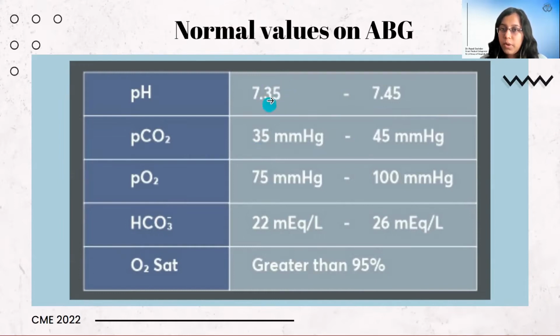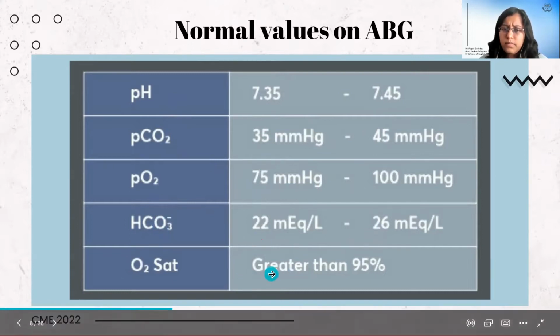Now you can see 7.35 and 35, so this is the way to remember it: pH 7.35, PCO2 35 to 45. PO2 75 to 100 or 80 to 100; this varies. And bicarb 22 to 26. Oxygen saturation, the same as we check on our pulse ox, is ideally above 95.